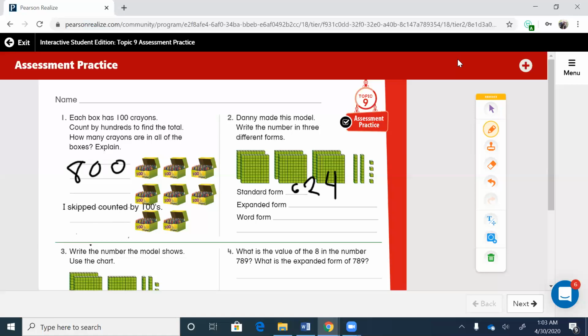Okay, now expanded form is where we're breaking it apart. Start with the hundreds. 600 plus 20 plus 4. Okay, so you just start with the hundreds, go to the tens, and go to the ones. And word form. I'll definitely need a text box for this. Okay, 624.